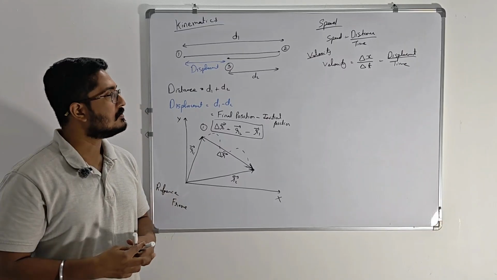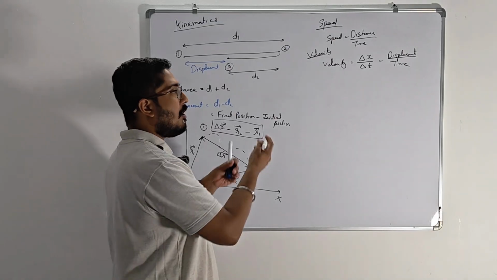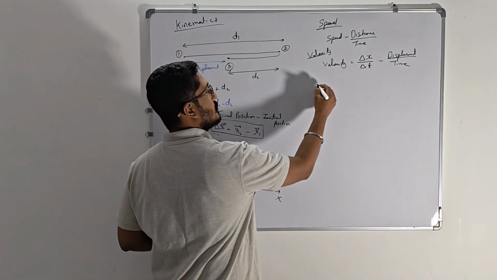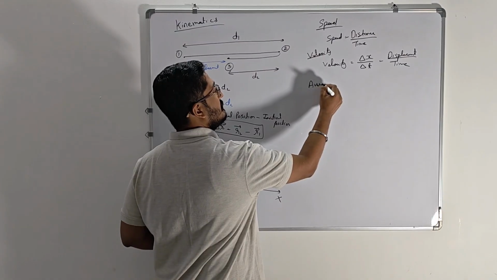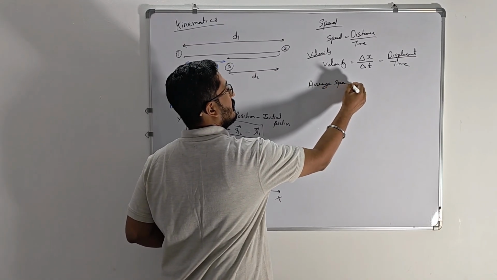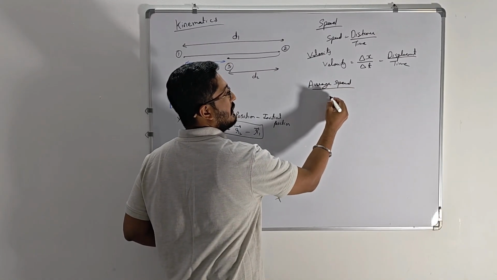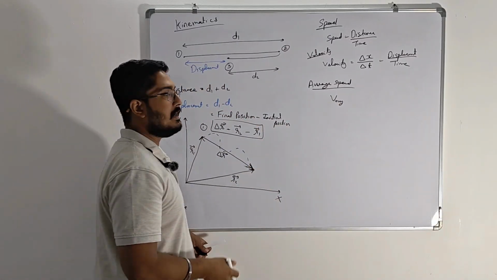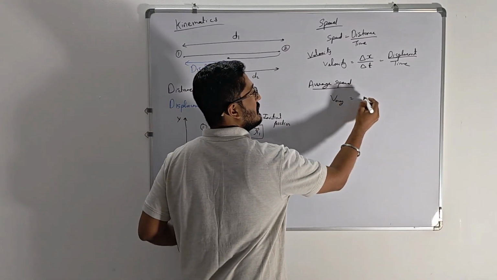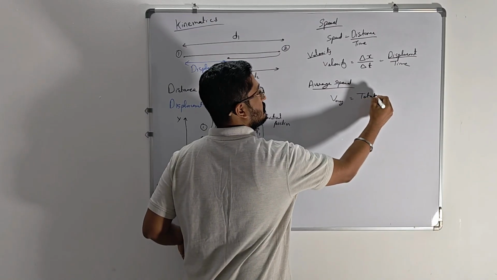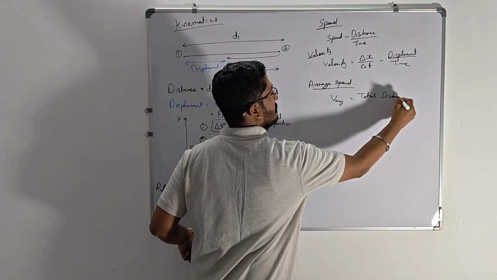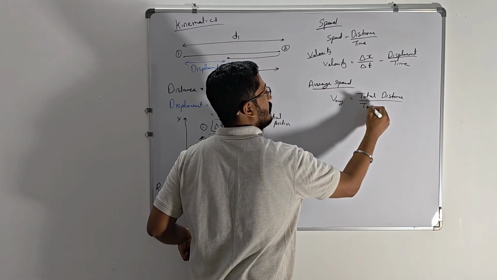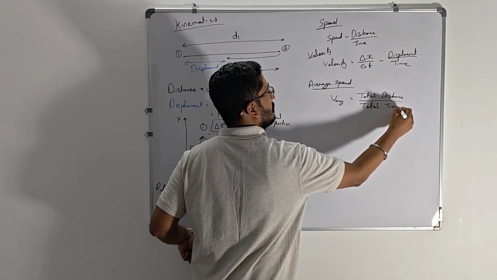I hope you understand. So I'll just give you some formulas for the same. There are formulas which you should know. So for average speed, I can call it just V average without a vector sign. That means it's speed I am talking about. So average speed is nothing but total distance divided by total time taken.